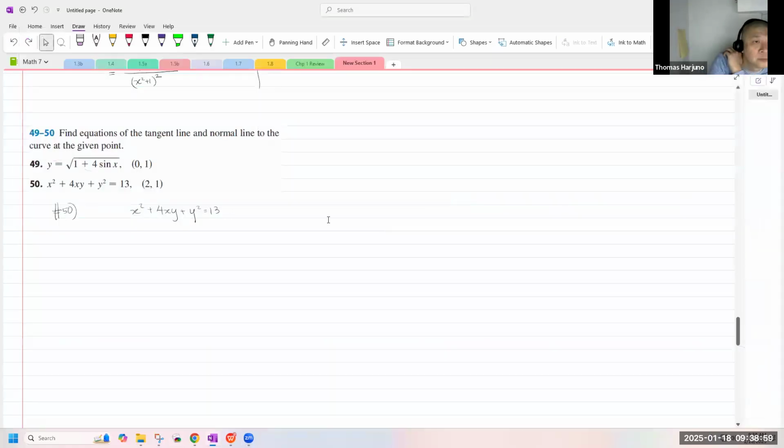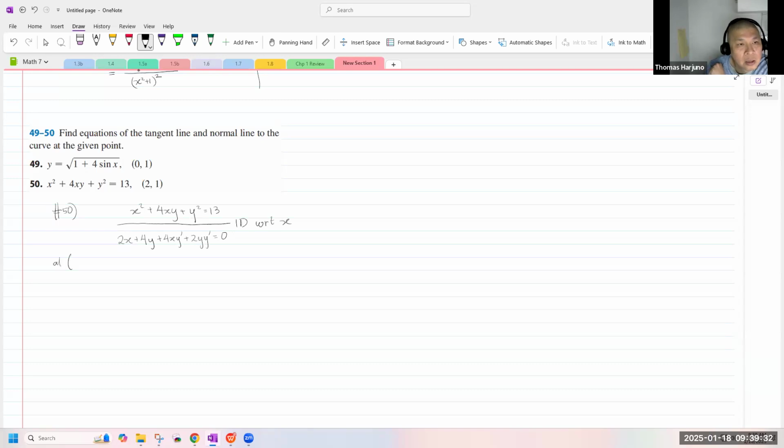Anyway, coming back here. By implicit differentiation with respect to x, this will be 2x plus 4y plus 4xy prime plus 2y prime equals 0. Now I plug in. You can solve for y prime first, but I would just plug in numbers first and then solve for y prime.